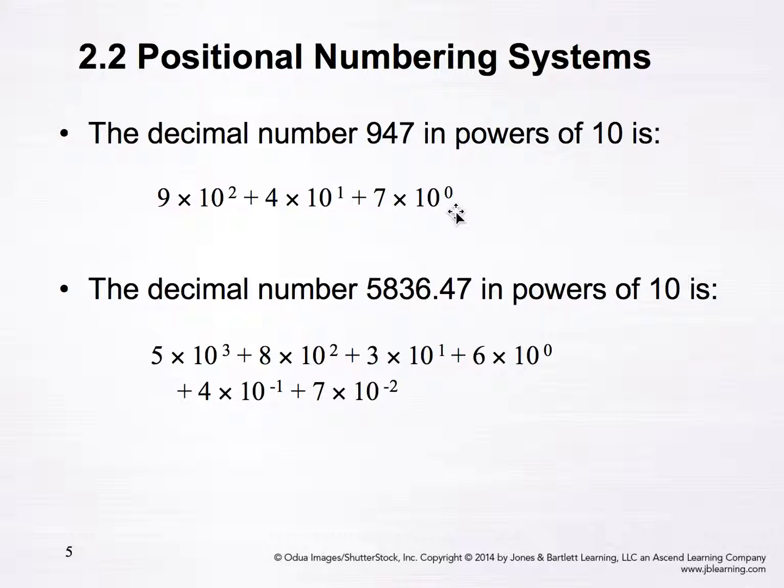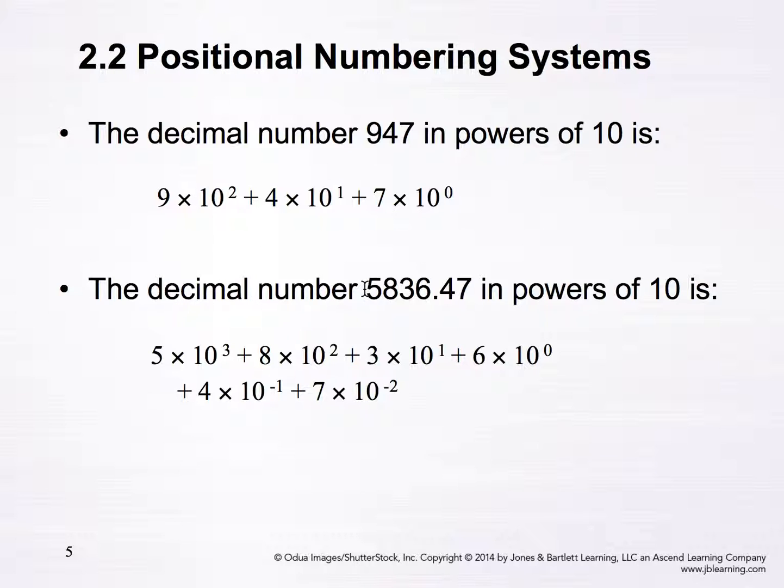That's because the 7 is at position 0, with index 0, so we have 10 to the power 0. The 4 has index 1, so we have 10 to the power 1, and the 9 has index 2, so we have 9 times 10 to the power 2.